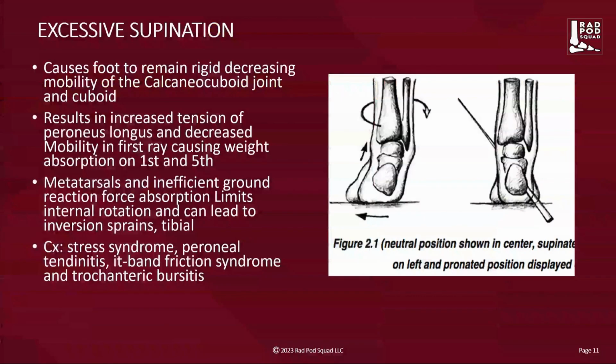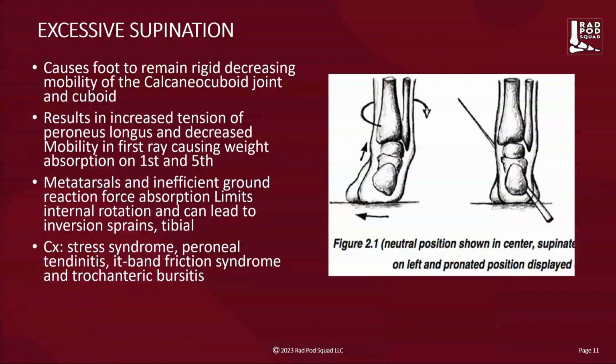Now, in contrast to that, let's talk about excessive supination. This is where we can cause the foot to remain rigid, decreasing the mobility of that calcaneocuboid joint and the cuboid itself. This results in increased tension along the peroneus longus and decreased mobility of the first ray because the peroneus longus can no longer effectively act on it. This will decrease your ability to absorb forces around the first and the fifth, very important.